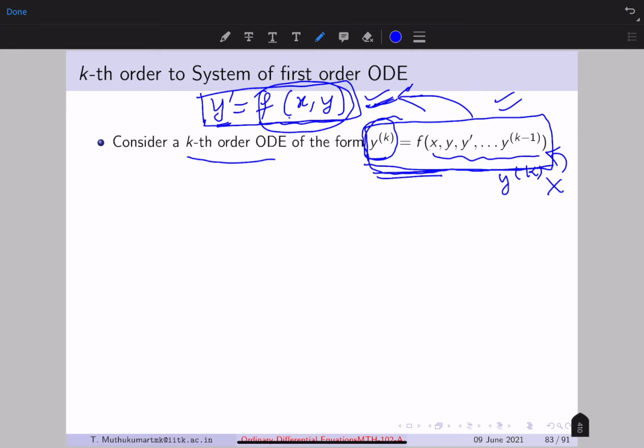Okay, and then we use the same technique which we used for these things. Whenever we could solve this, we could solve here. It's that kind of an argument. So how do we go from kth order to a first order system of ODEs? That is the title of this topic. So any kth order ODE can be converted to a first order system of ODEs.